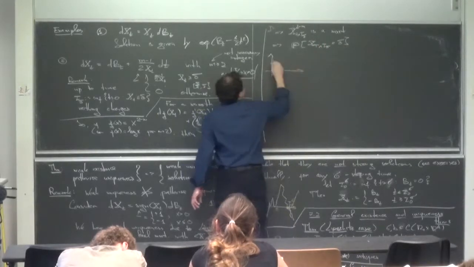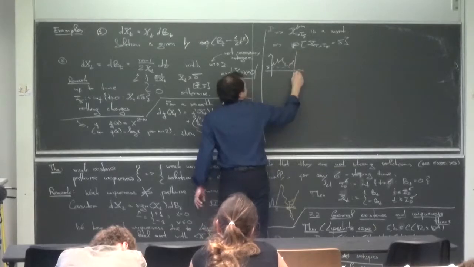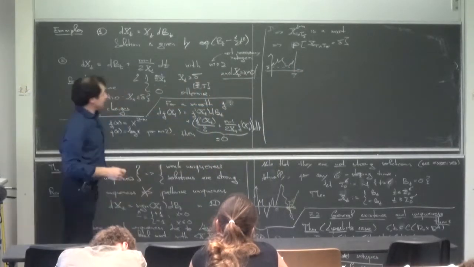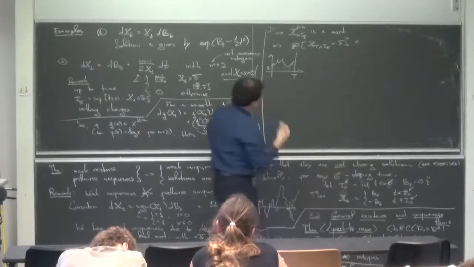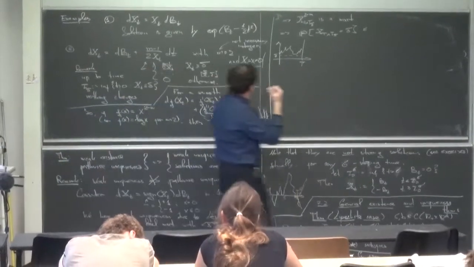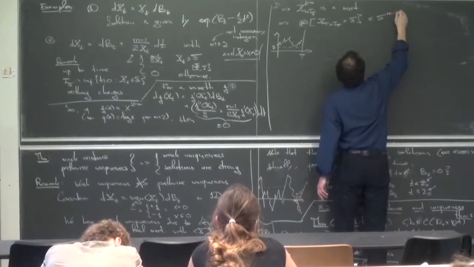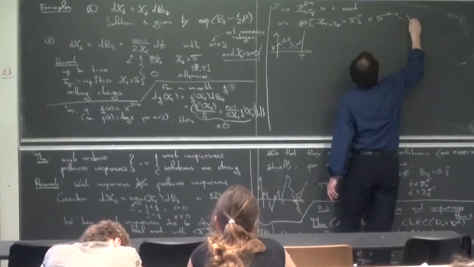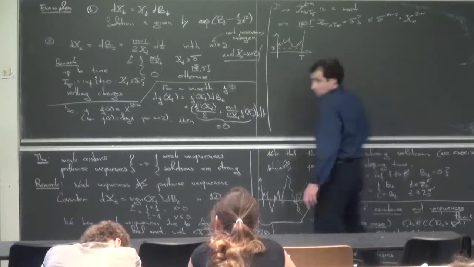So the picture is that we start here, then we either stop at the level delta or continue up to time t. The probability of this event cannot exceed, I mean, such an event contributes delta to the power minus 2 by x naught to the power minus 2.